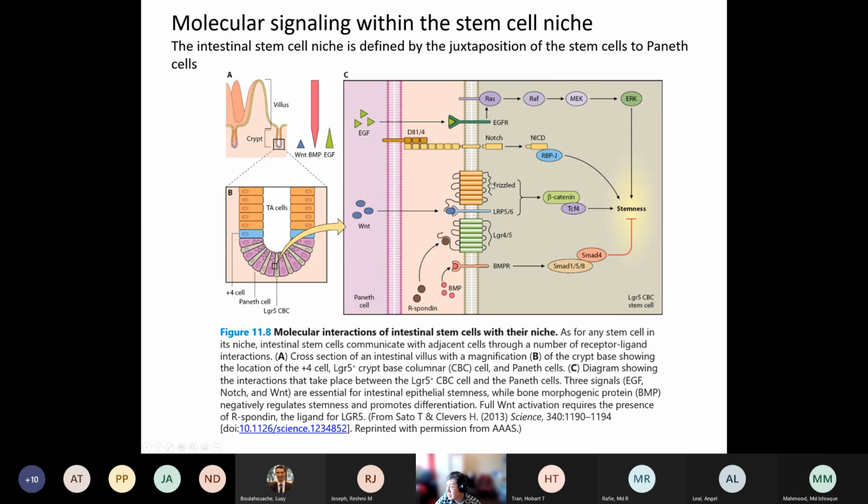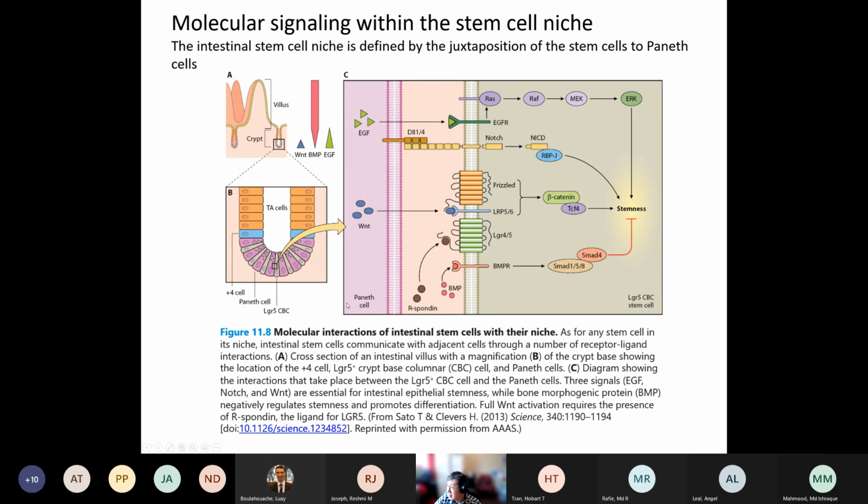So the signal transduction here is that the Paneth cell will secrete EGF and Wnt into the extracellular domain. And now the recipient cell, that's the LGR5 positive stem cell, will get the stimuli from EGF and from Wnt.